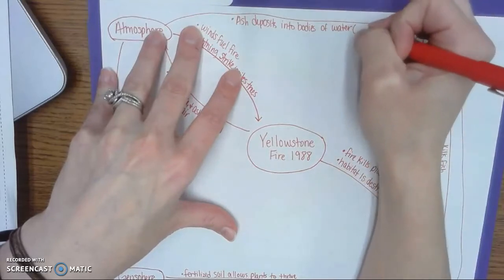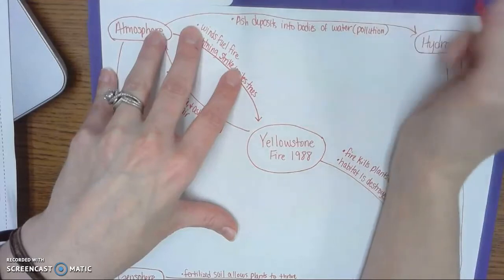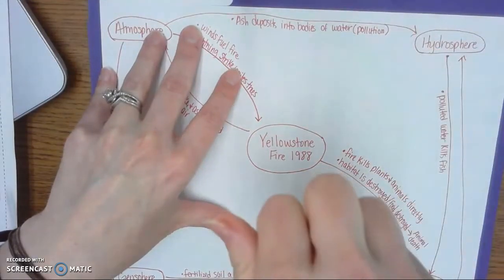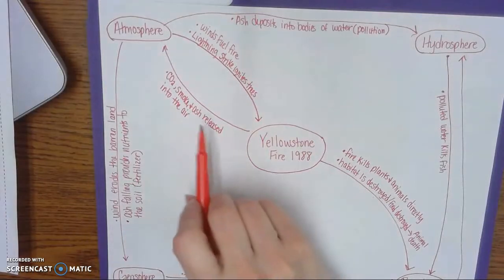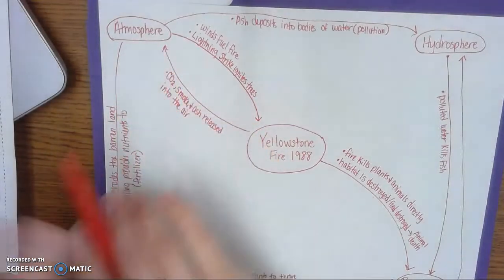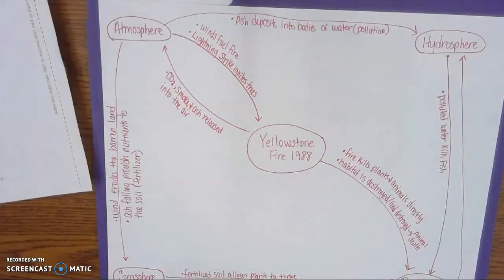And that way you're getting pollution that way. Now the other thing is that ash is going to absorb a lot of that moisture in the air. So the fact that you're releasing ash into the air, it's going to absorb whatever moisture is there. And it's already a drought season, like it said in the reading. So now you're getting even drier areas.